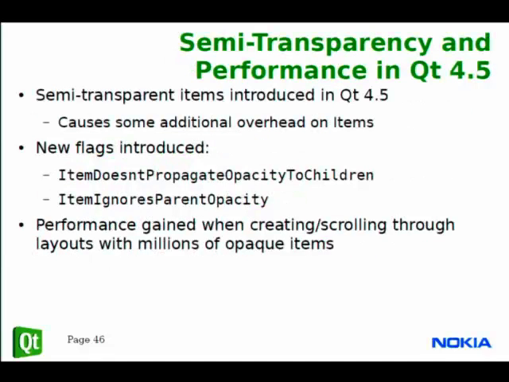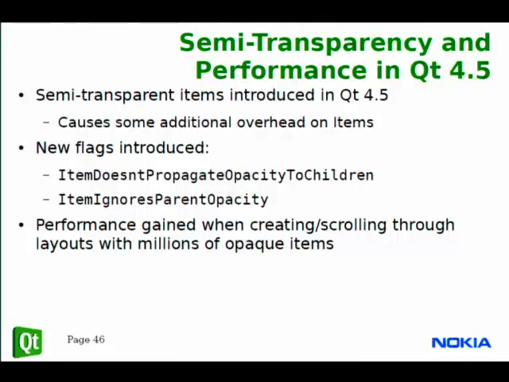Another tip, if you are going from 4.4 to 4.5, you might notice degradation in performance. That's because semi-transparency has been introduced in 4.5, and that does cause some overhead for calculating the opacity.